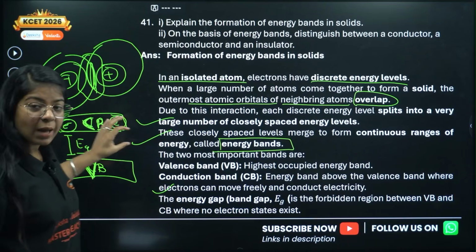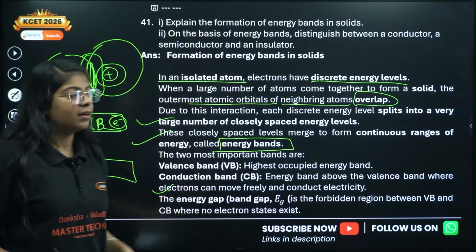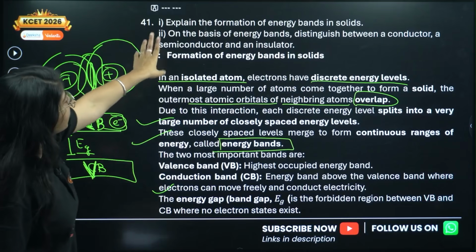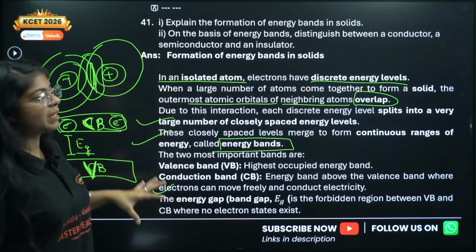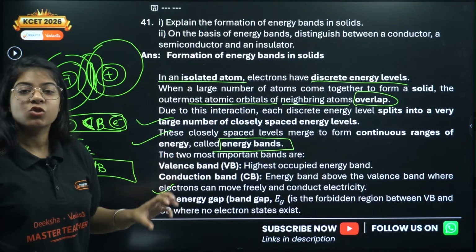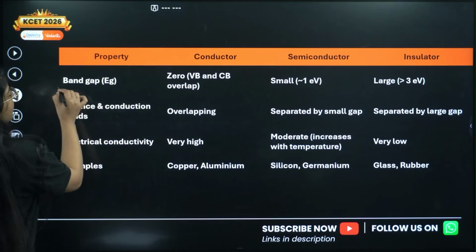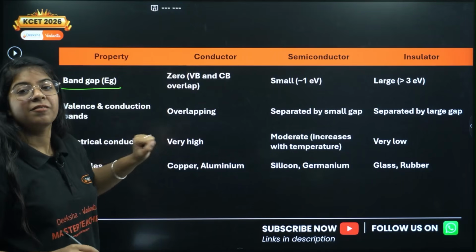Now this energy gap we know is different for conductor, semiconductor, insulator, right? And that is what they have asked in the second part: on the basis of energy bands, distinguish between a conductor, a semiconductor and an insulator. So let's just see. On the basis of energy band, the band gap for a conductor is 0.